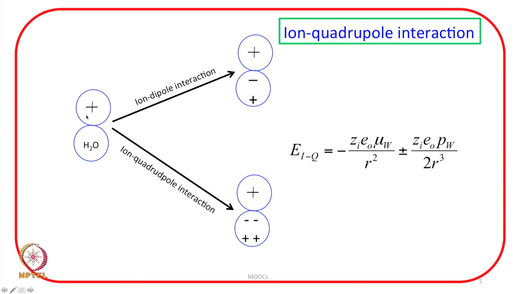However, when this ion is very close to water, the quadrupole character of water cannot be ignored, and therefore, the ion quadrupole interaction term will have a contribution from the permanent dipole moment mu w and will also have a contribution from the quadrupole moment of water theta w, with a plus minus sign depending upon whether the interaction is with the positively charged end or with the negatively charged end.